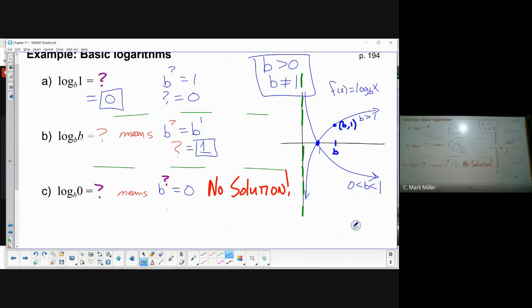And log of 0 is not defined, since x equals 0 is the y-axis, and the log graphs never touch the y-axis. That's another reason why the answer to part C is undefined.